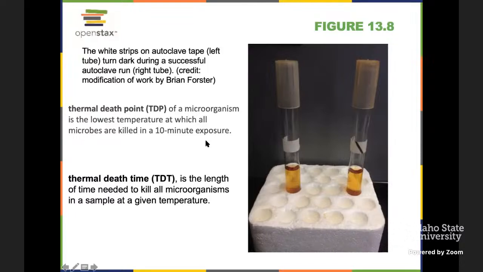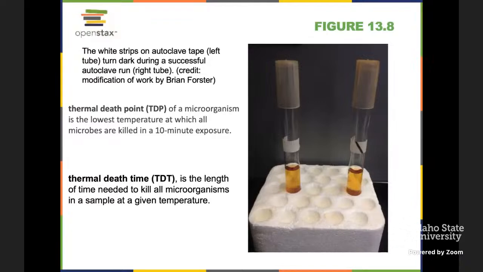So when we think about this stuff, there are differences when we talk about killing. The thermal death point is the lowest temperature that can be used where we kill everything within there in a 10-minute time frame, right? So what is that temperature? It may require boiling.